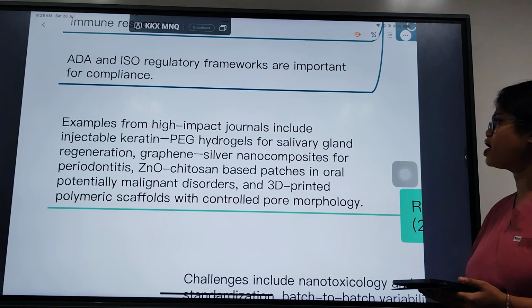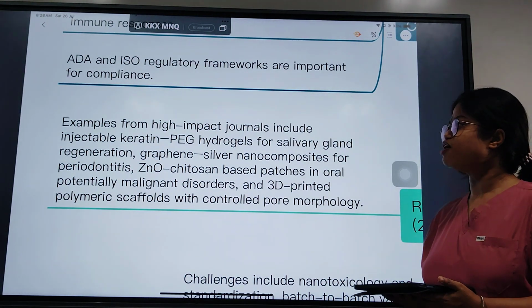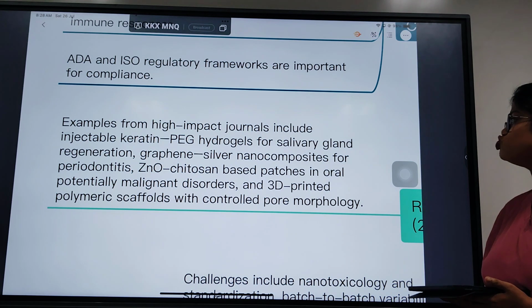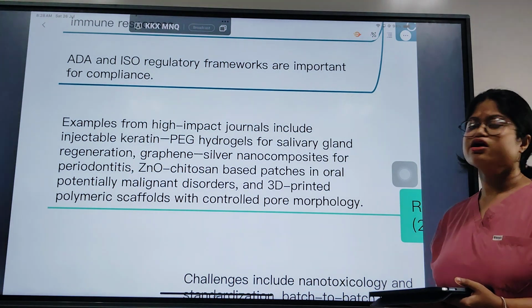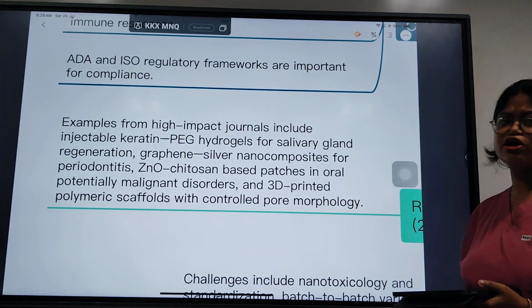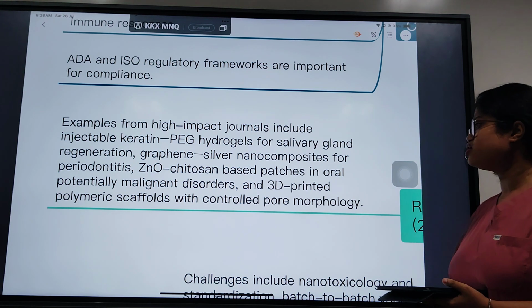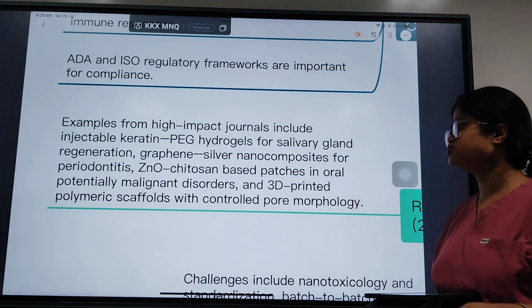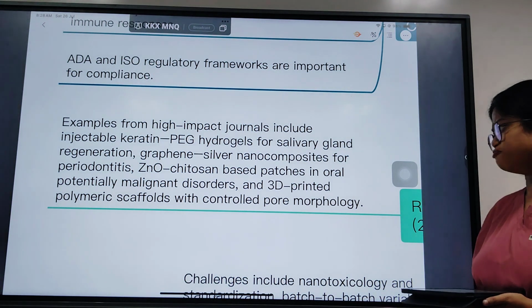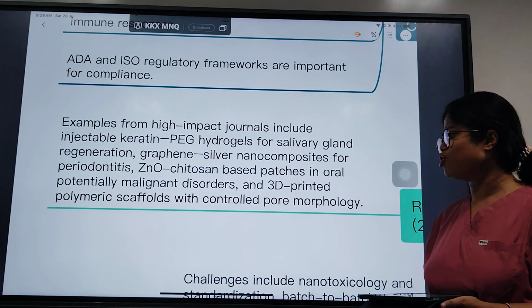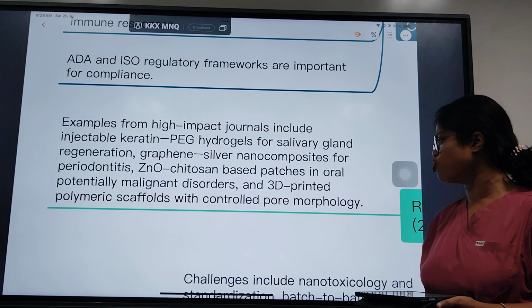Some examples from high impact journals: injectable keratin hydrogels have been developed for salivary gland regeneration, graphene silver nanocomposites for periodontitis, zinc oxide chitosan-based patches for oral potentially malignant disorders, and 3D printed polymer scaffolds with controlled pore morphology.